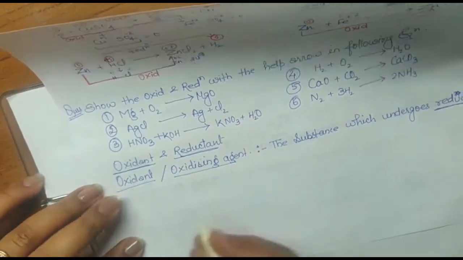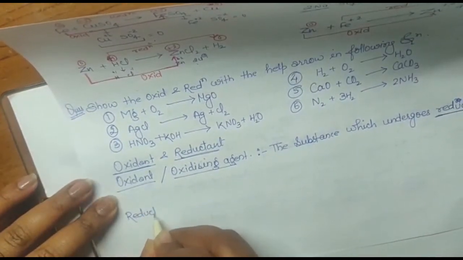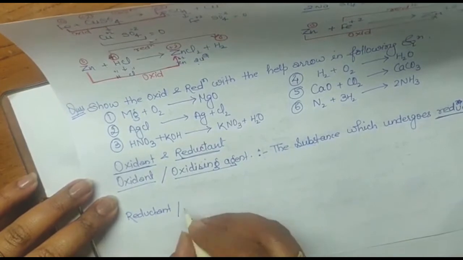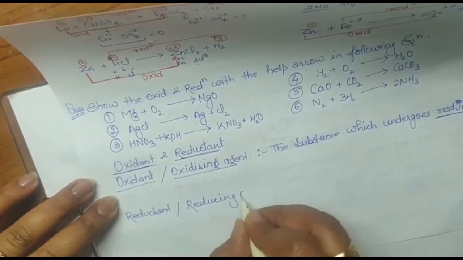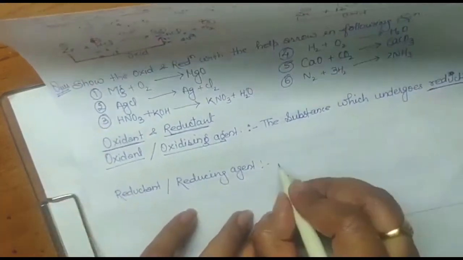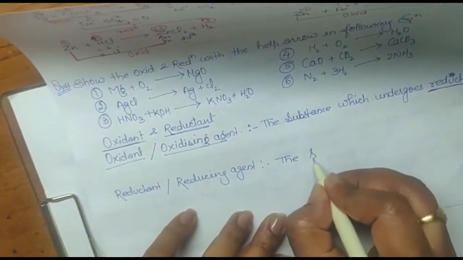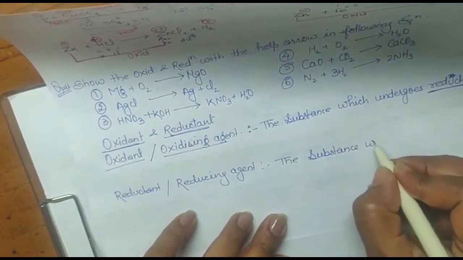Got it? And reductant or reducing agent. How do you define it? The substance which undergoes oxidation.